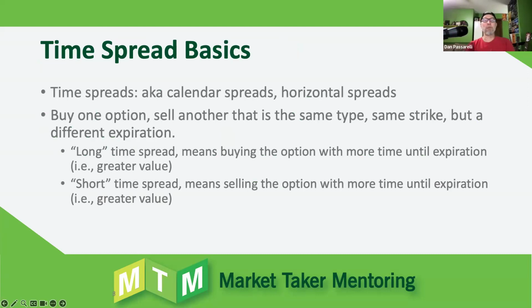What is a time spread? Well, a time spread is a calendar spread. Those are synonyms. A time spread is a horizontal spread. That is a synonym too. These are when a trader buys one option and then sells another of the same type, meaning they're both calls or they're both puts.